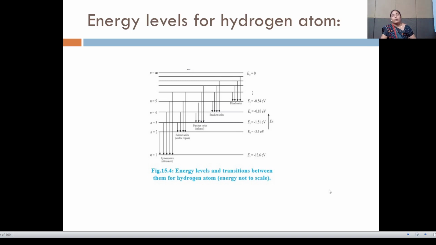So with the help of that formula and diagram, we can get different series: Lyman series, Balmer series, Paschen series, Brackett series, and Pfund series. So first is the Lyman series, then Balmer, Paschen, Brackett, and Pfund. So these are the series.